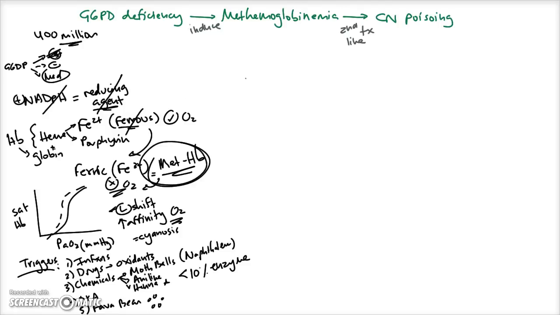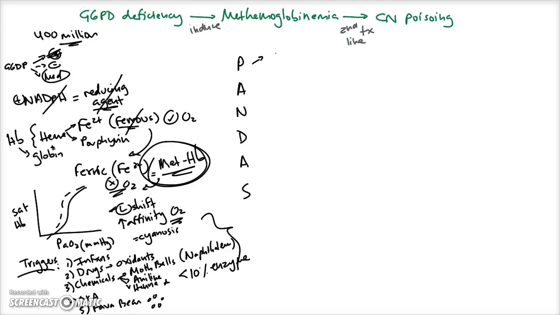But there is a mnemonic that we remember called PANDAS, to remember the drugs that can induce the formation of methemoglobin. And you'll recognize as I go through PANDAS that a lot of them have to do with these triggers for G6PD.